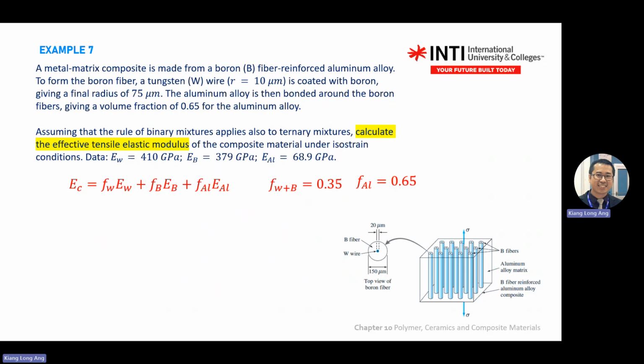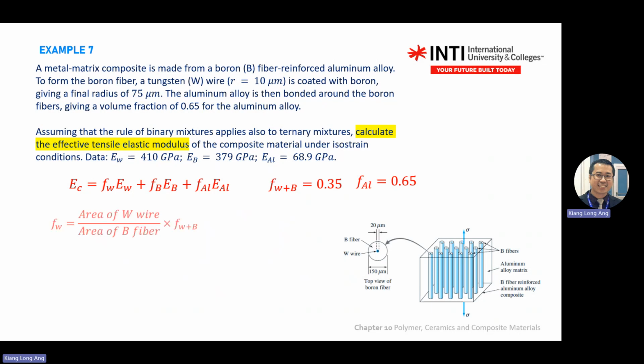You need to calculate the ratio. Diameter, or you just calculate the area. Okay, the area: pi r square.